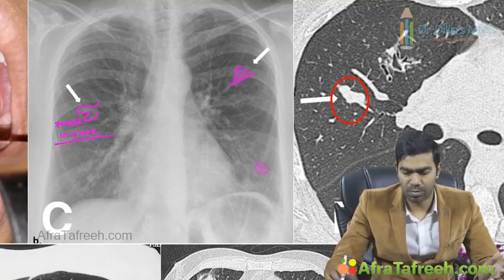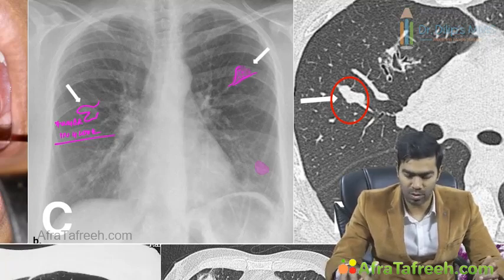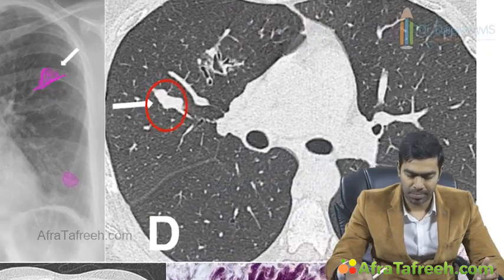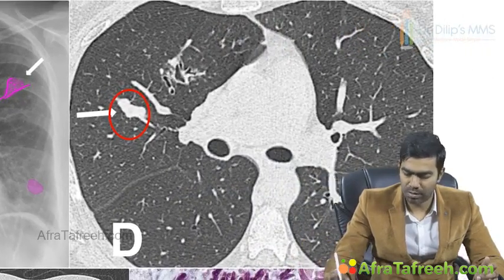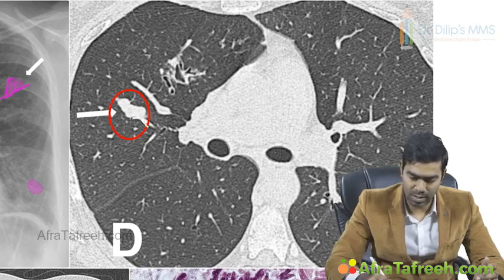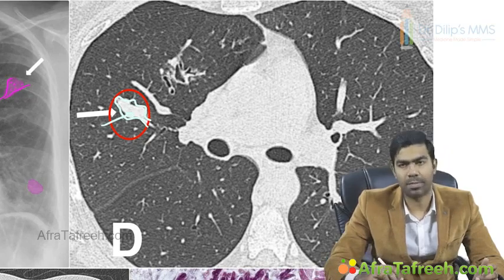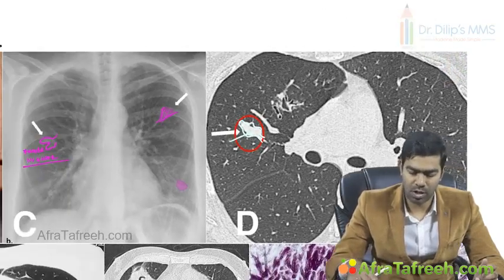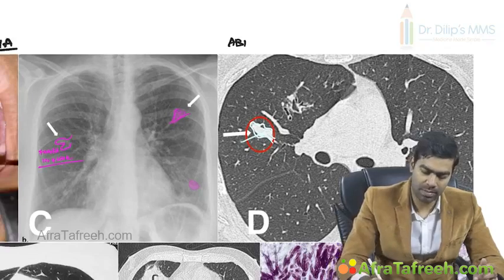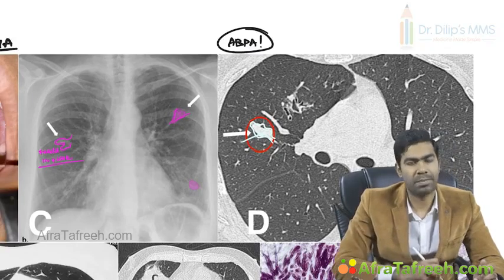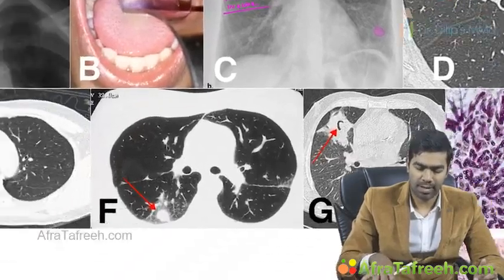At the same time, you might have central bronchiectasis, which is not shown in the image. Plus this mucus plug I have explained here also. All these things are images that are special for diagnosis of ABPA, allergic bronchopulmonary aspergillosis.